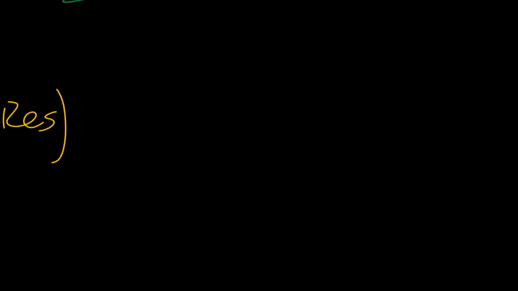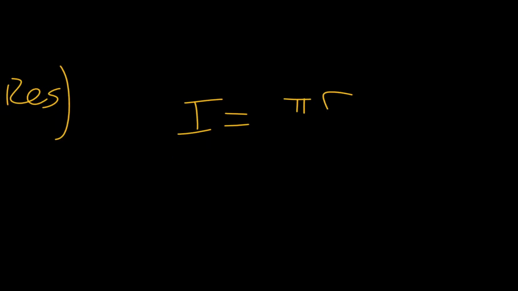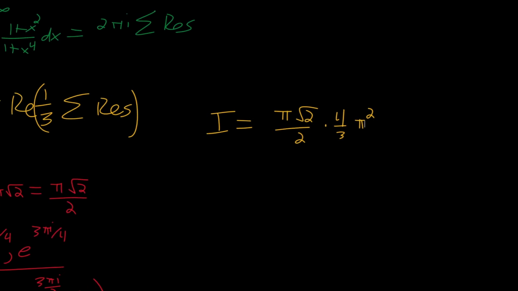We find that our total I right here is equal to pi root 2 over 2 times 4/3 pi squared, and then plus 1/3 times the real part of our residues, or rather the sum of our residues.